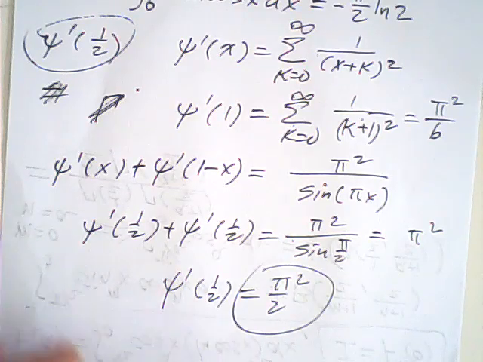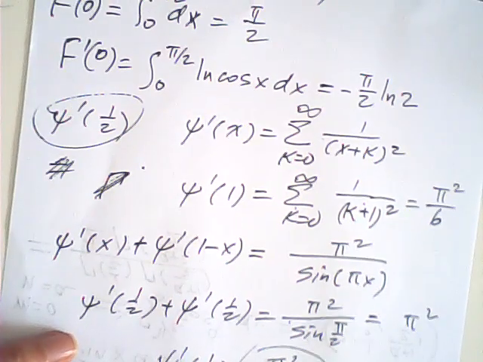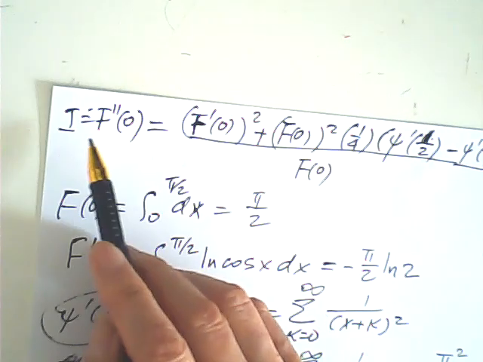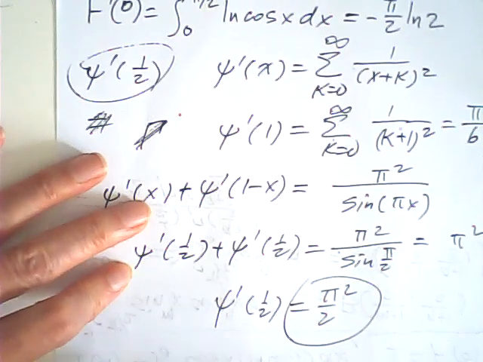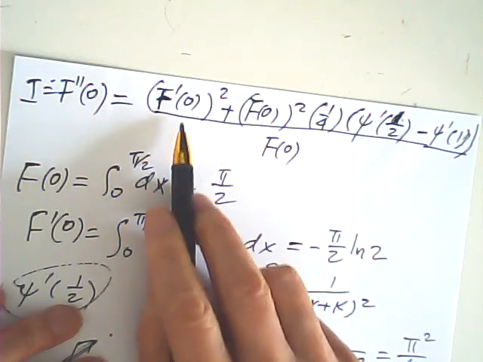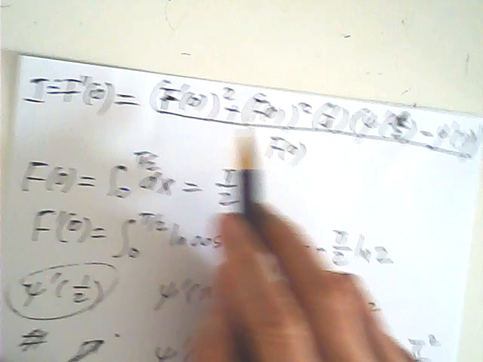Okay. See, then all those things are ready. So my I, which is equal to f double prime of 0, we just plug those values.